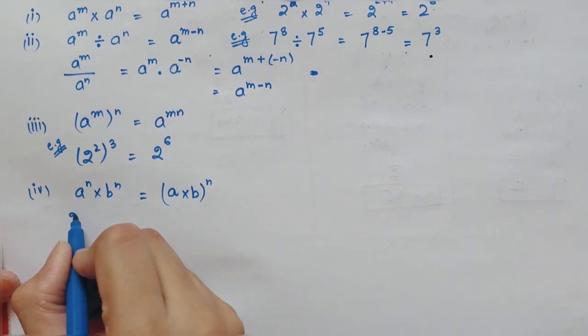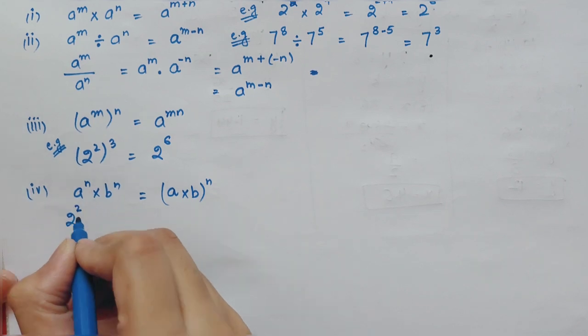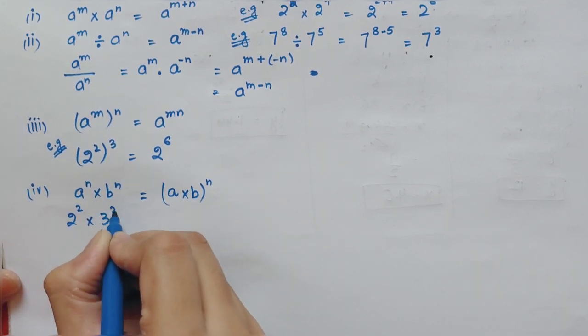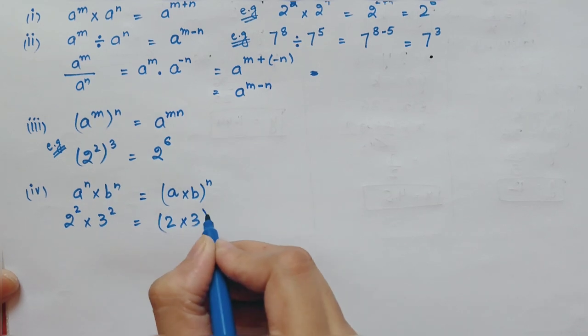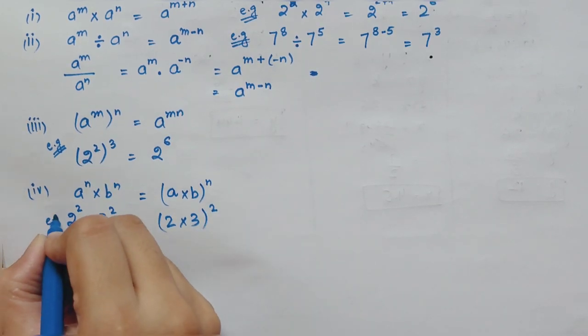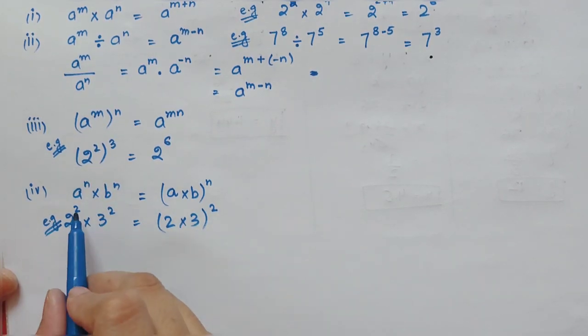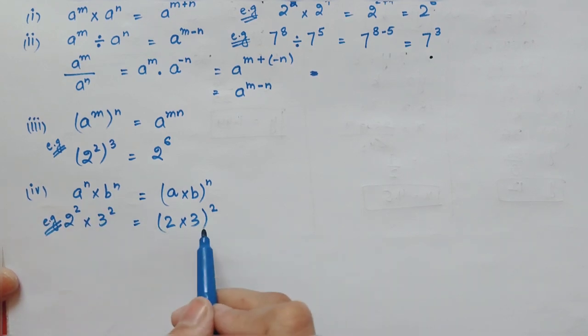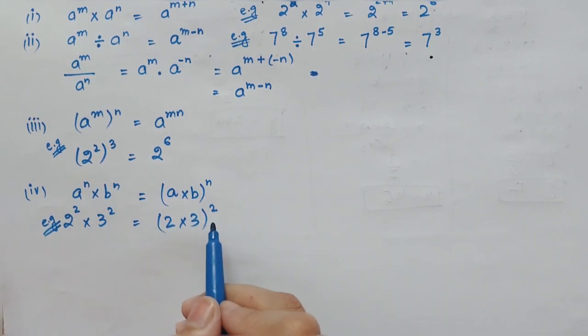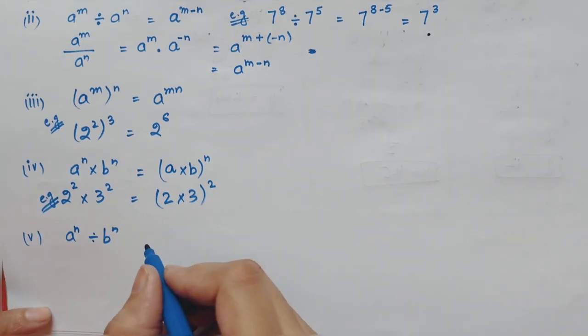For example, 2 power 2 multiplied by 3 power 2, you can write it as 2 multiplied by 3 whole power 2. Instead of writing power 2 separately on 2 and on 3, you use a bracket and write one power. The same rule applies to division.